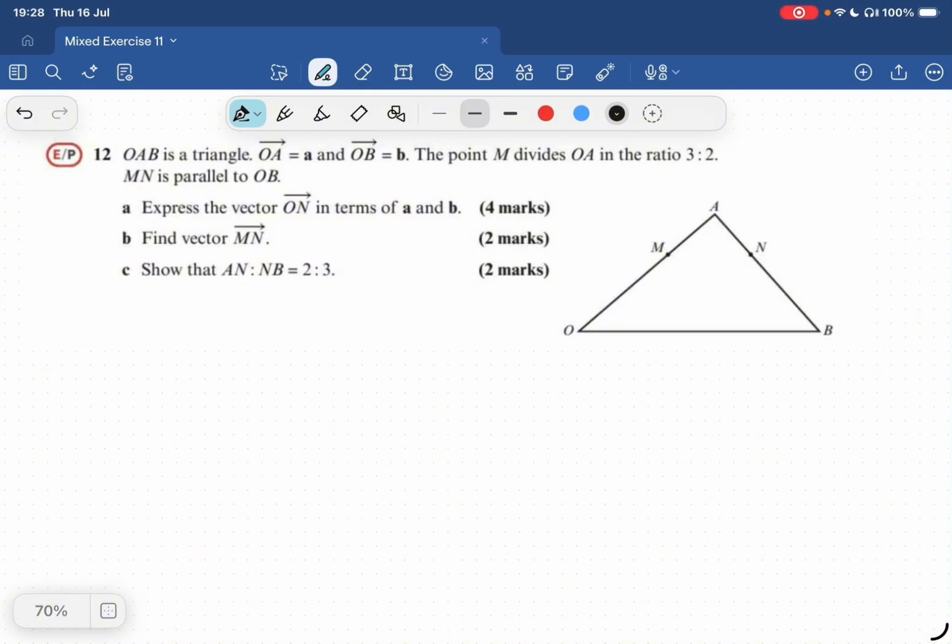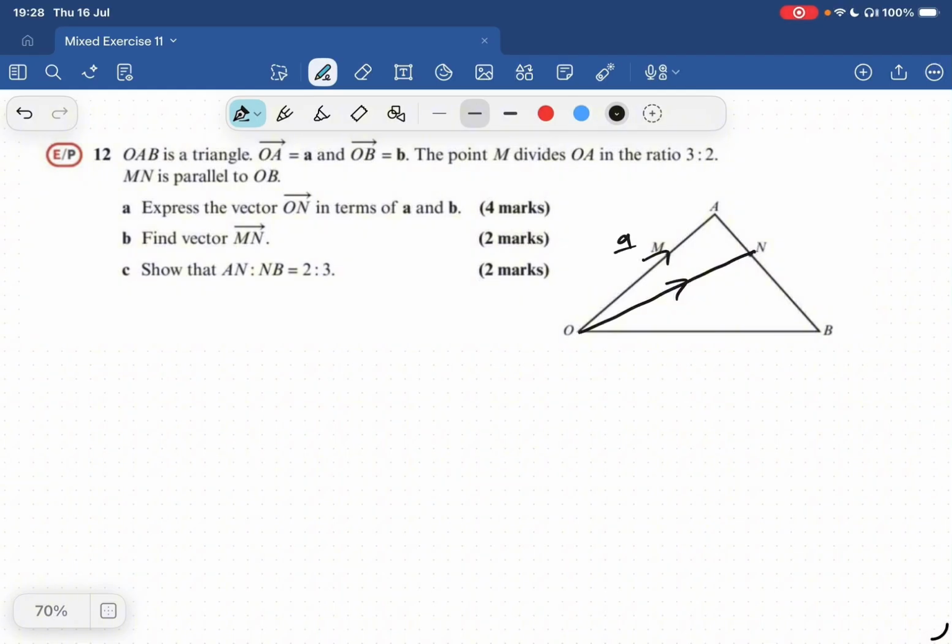Here we have a question so hard that Edexcel has, since 2020, had to remove this. So this is a question pre-2020. If you see it in your textbook, it's still a very, very difficult question. So let's go through it. Express vector ON in terms of a and b. What is a?